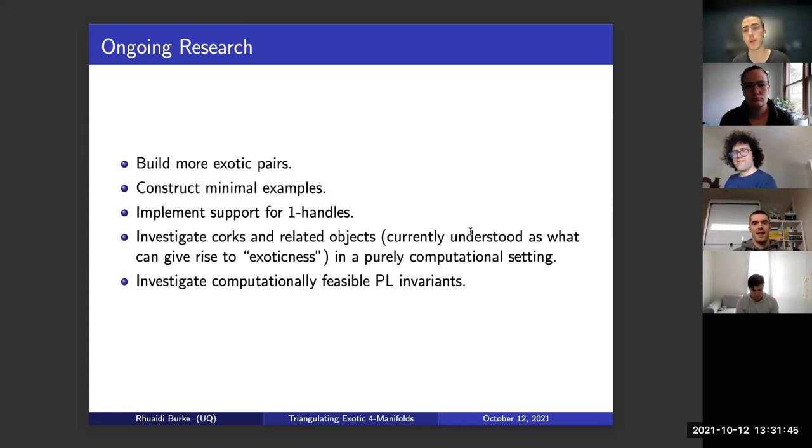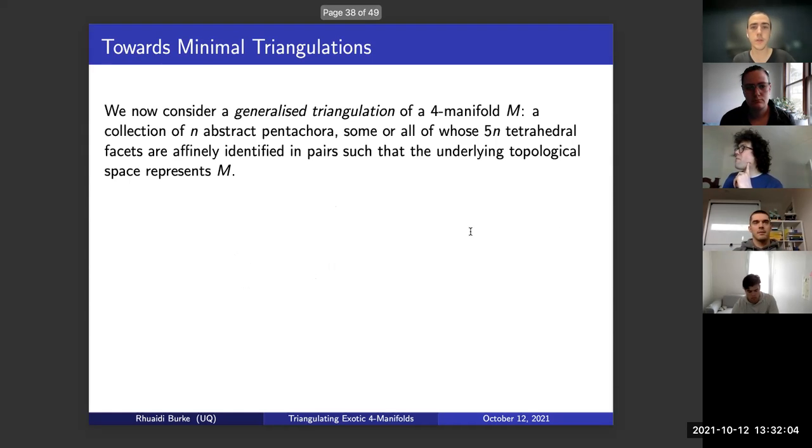Because as I said earlier on, the smooth invariants used to distinguish 4 manifolds are by and large not particularly practical or computably useful. Because like I said, it involves things like counting solutions to nonlinear PDEs and that sort of thing. Okay, so let me just talk a little bit about where we're going with this in terms of what we've managed to do so far.